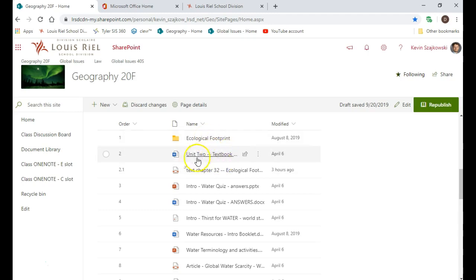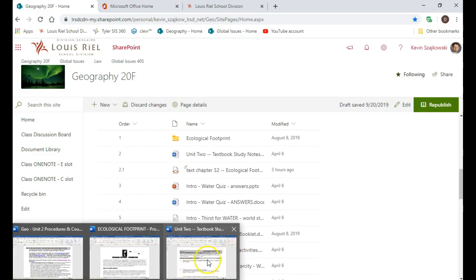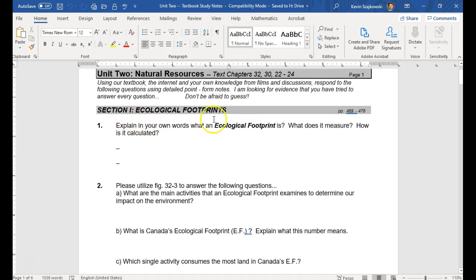But I guess I should start while I'm here by talking to you about the textbook study notes that are now going to be starting to be assigned. Your textbook study notes for the entire unit are put into this file, and the very first couple of pages are about ecological footprints, which is exactly what this project is about that we're now underway in.